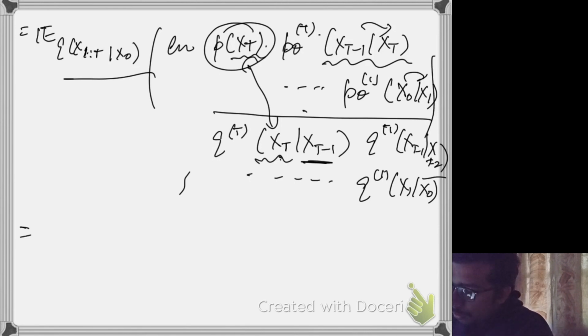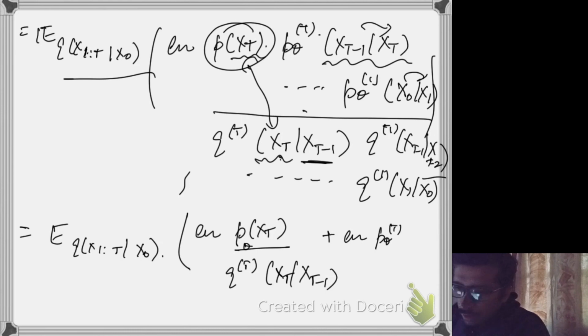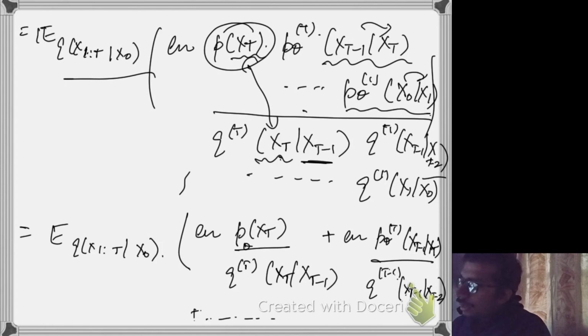So essentially let's break it down. What I have over here is the log of p of x_T over q_T of x_T given x_{T-1}, plus log p_theta_T of x_{T-1} given x_T, and then in the denominator I have q_{T-1} of x_{T-1} given x_{T-2}, so on until we get to the term p_theta of x_0 given x_1.